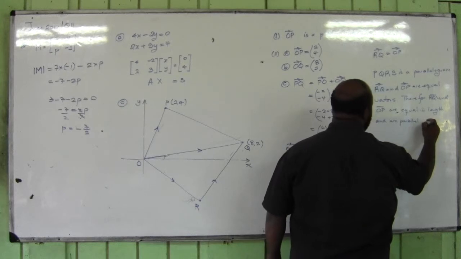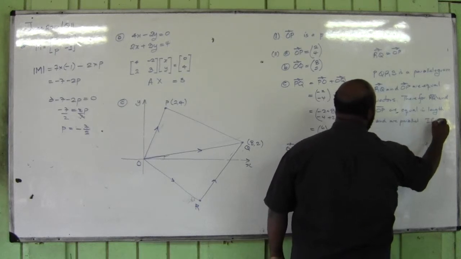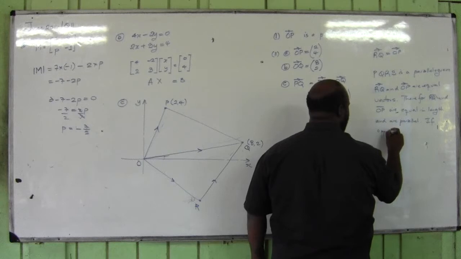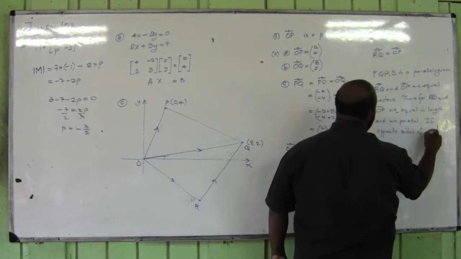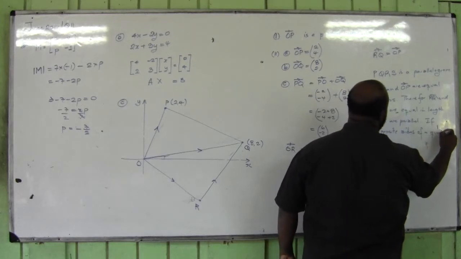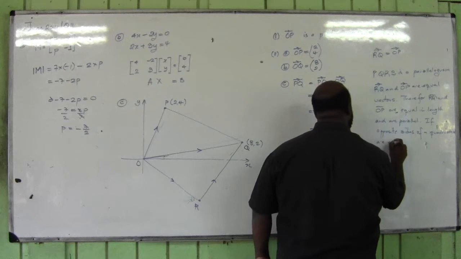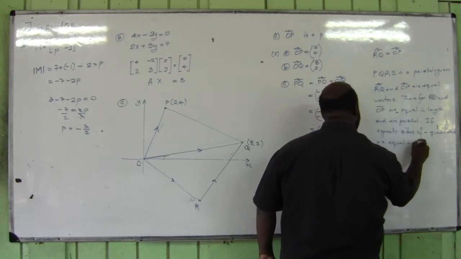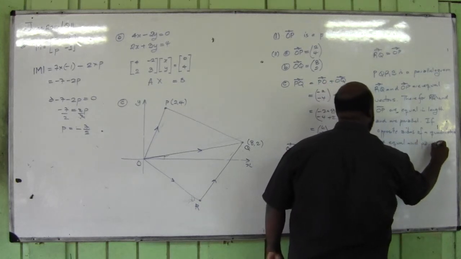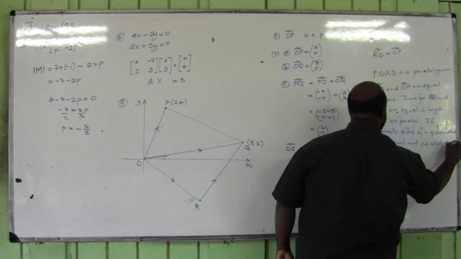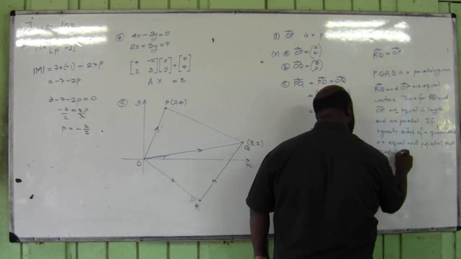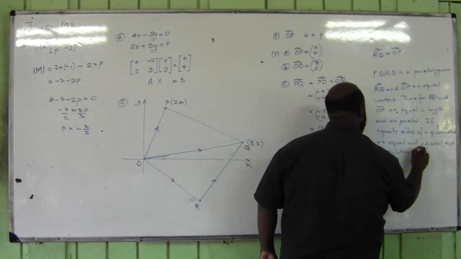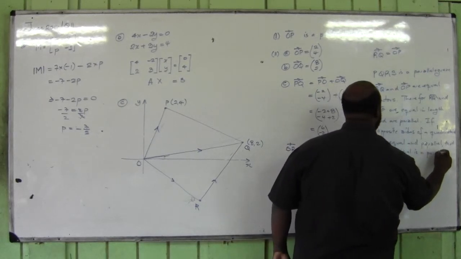If opposite sides of a quadrilateral are equal and parallel, that quadrilateral is a parallelogram.